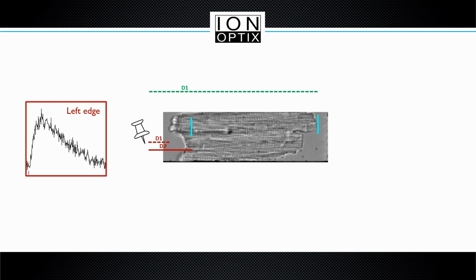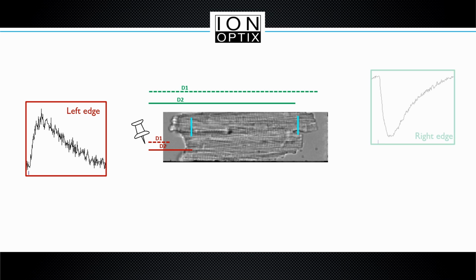The right edge behaves in the opposite manner. When cells contract, the right edge moves closer to the reference point, reducing the distance. Consequently, the right edge trace declines during the contraction and rises again as the cell relaxes.